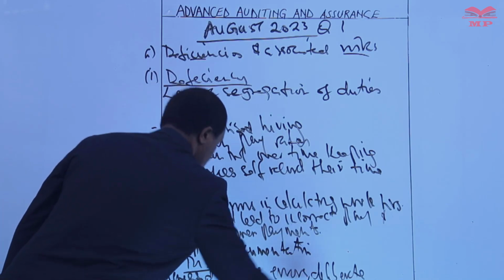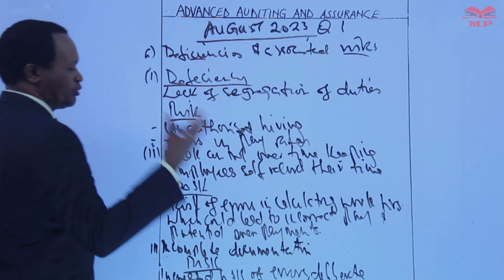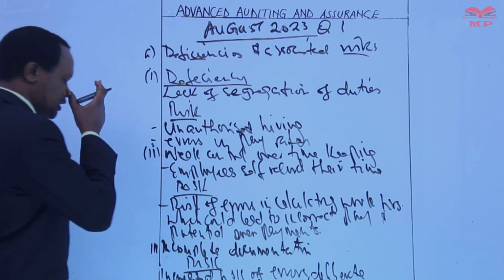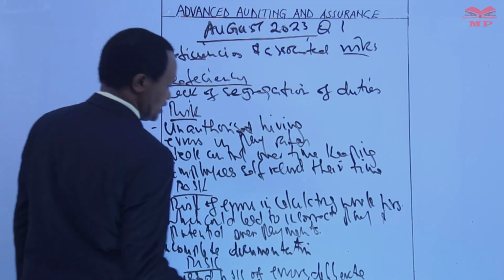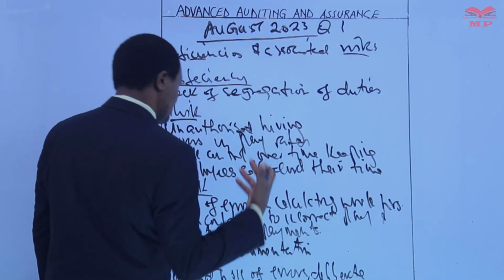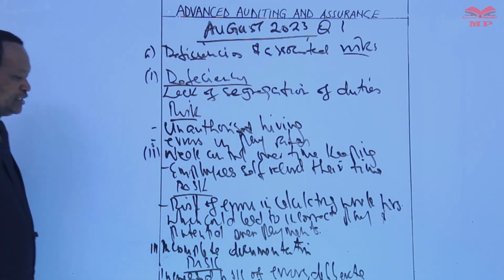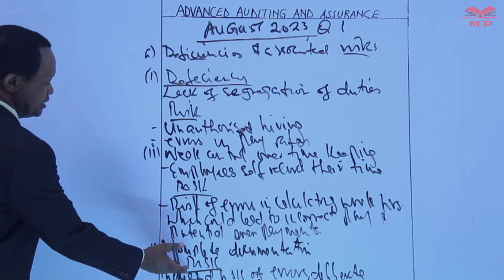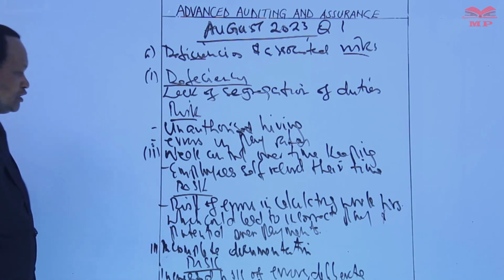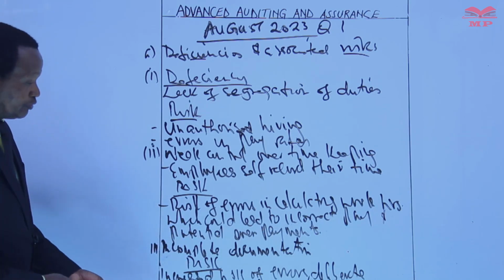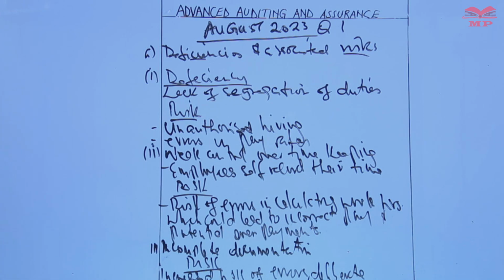Because there is no proper documentation, an employee can say, this is what I had, but in the back of the motive is to deliberately manipulate the pay rate, because there is that deficiency of incomplete documentation and even authorization.